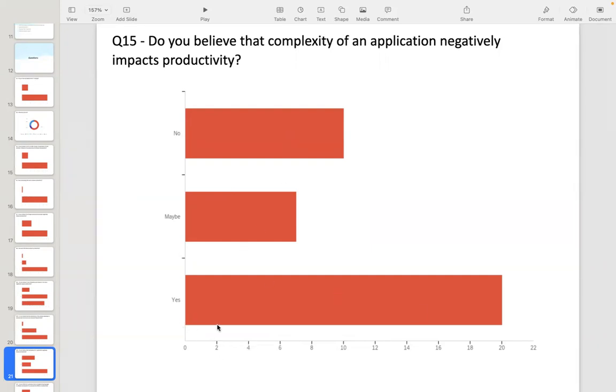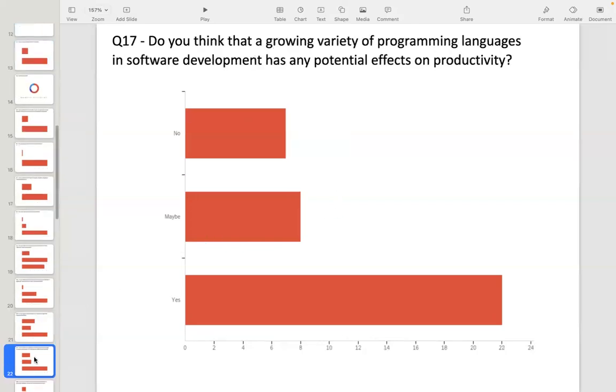We still have a majority of yes, but there is a portion of people who still think that complexity of application does not impact productivity, which could be the case if a person is very experienced. So we are expecting that the people who chose this are more experienced people and are well versed with the complexity of the application.